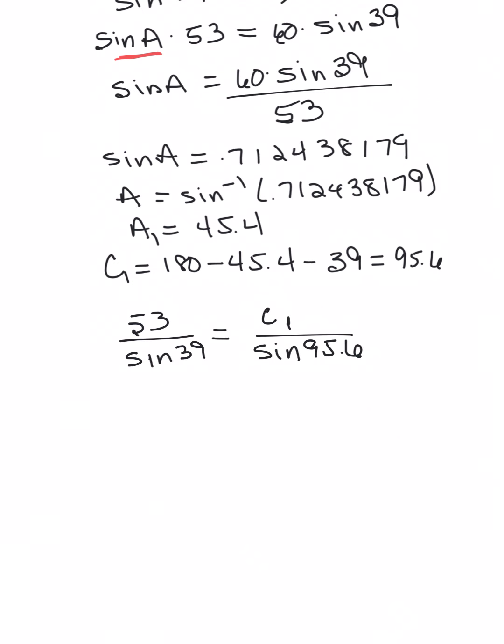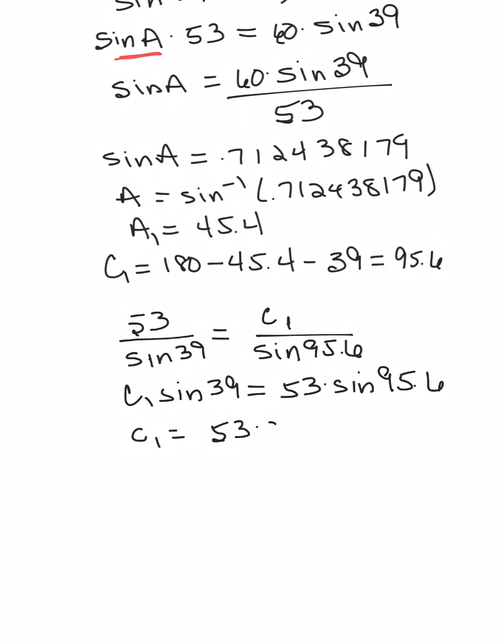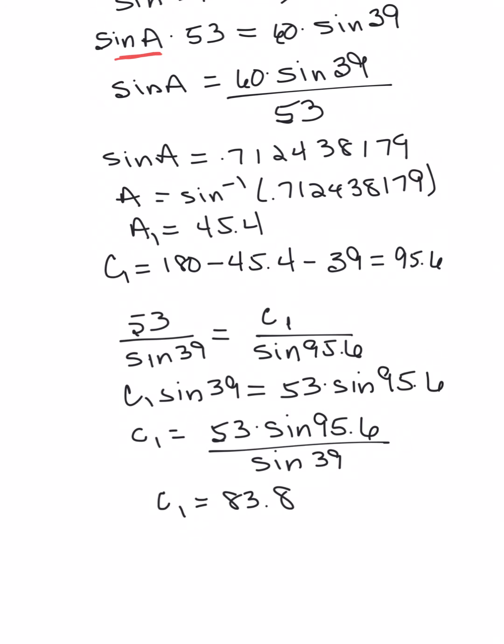Cross multiply, you get side C1 times the sine of 39 equals 53 times the sine of 95.6. Divide. We get C1 equals 53 times the sine of 95.6 divided by the sine of 39. So side C1 is 83.8. Now we know all the parts of our first possible triangle.